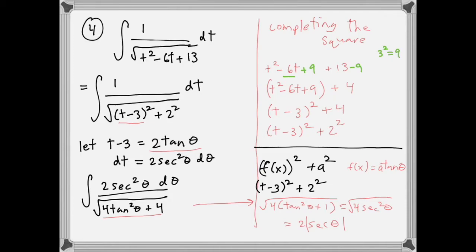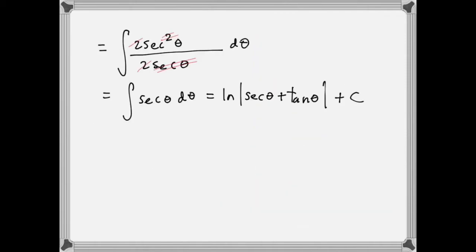Let's use this relationship here. If t minus 3 was 2 tan theta, then doesn't that mean that tan theta is equal to t minus 3 over 2? All I did was divide both sides by 2.